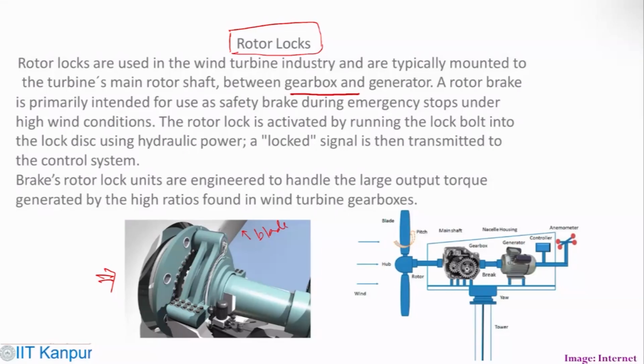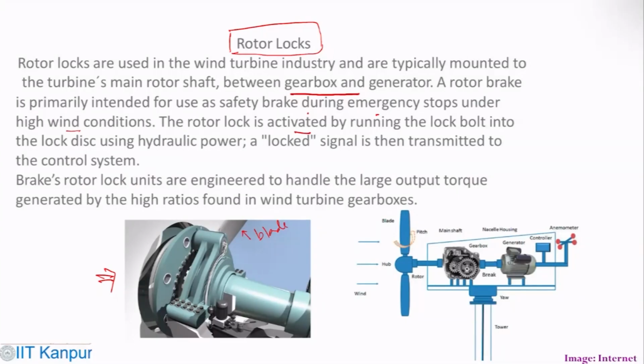A rotor brake is primarily intended for use as a safety brake during emergency stops under high wind conditions. That means if the unit experiences a high wind condition, which is beyond the design limit or cannot be withstood, in that case the rotor lock is applied.